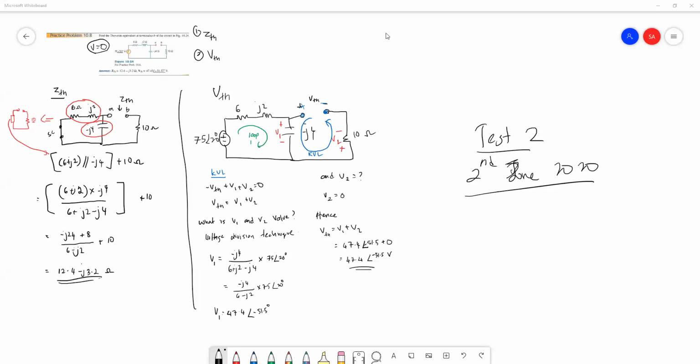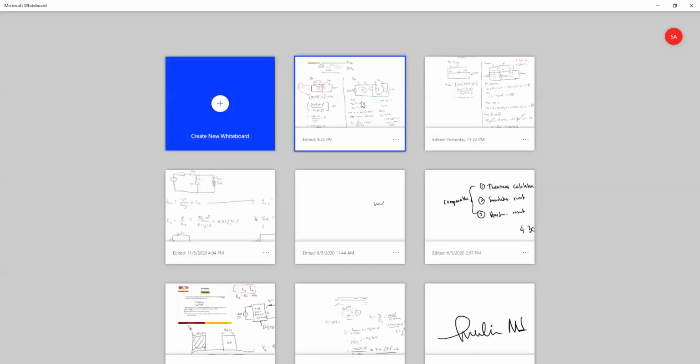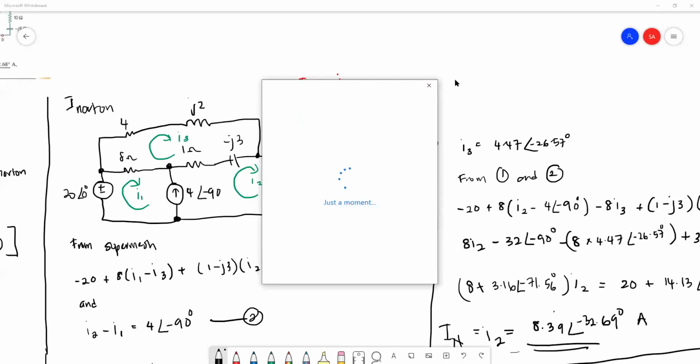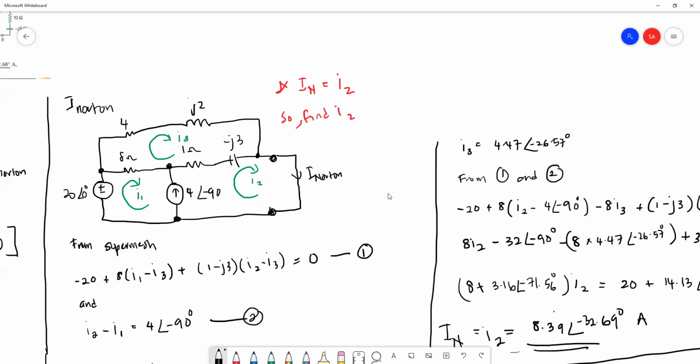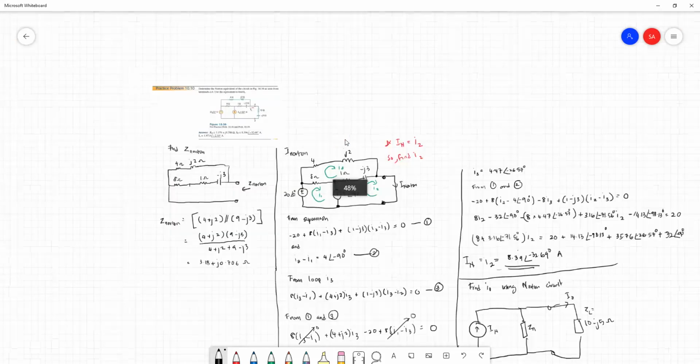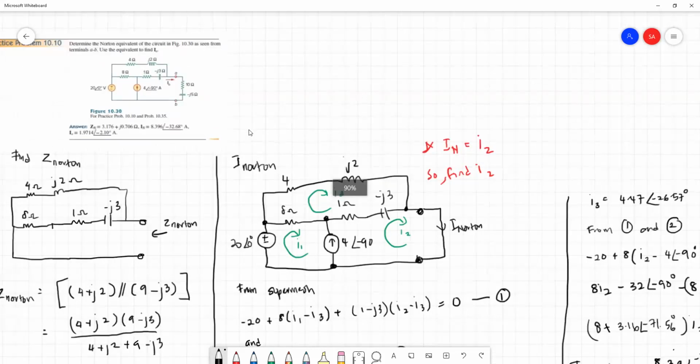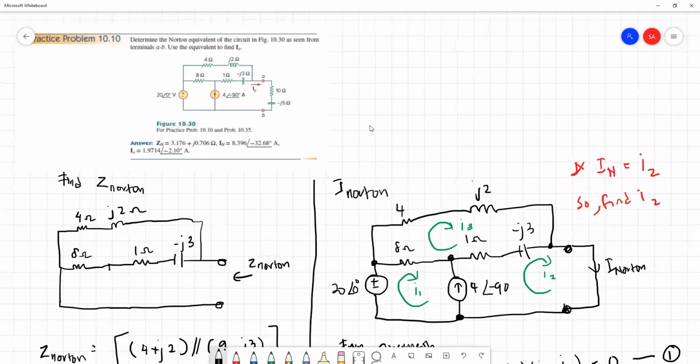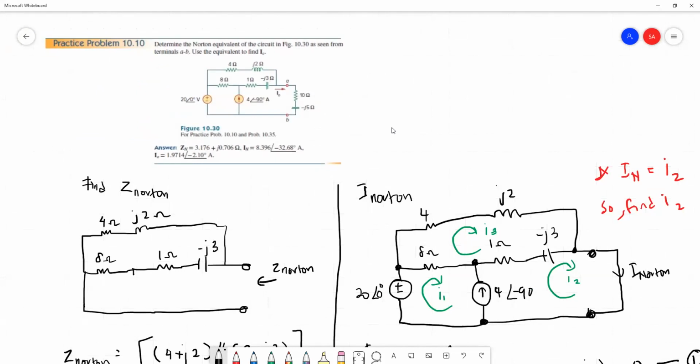Okay, so can we continue with the next example? The question is not quite straightforward.